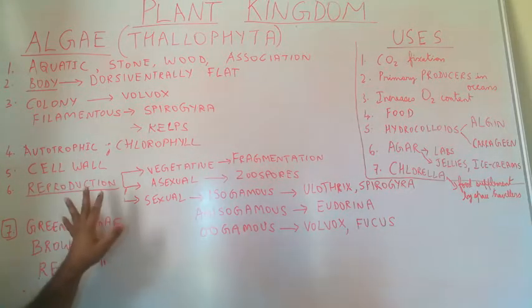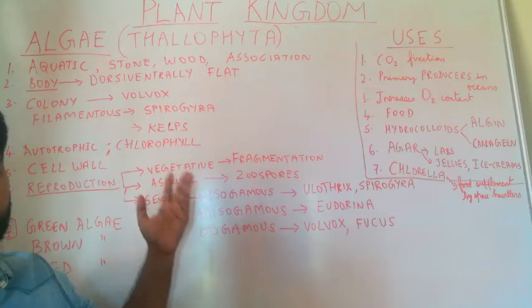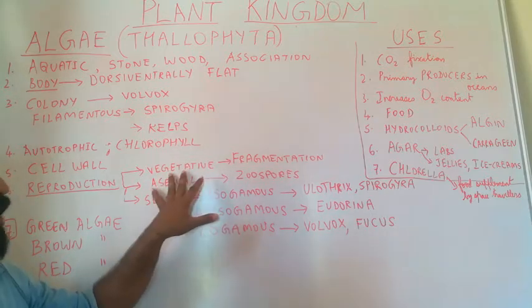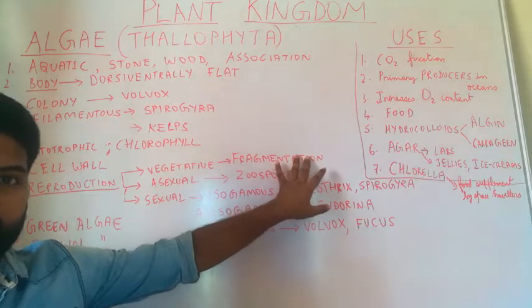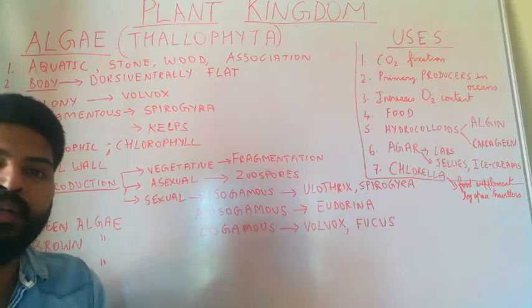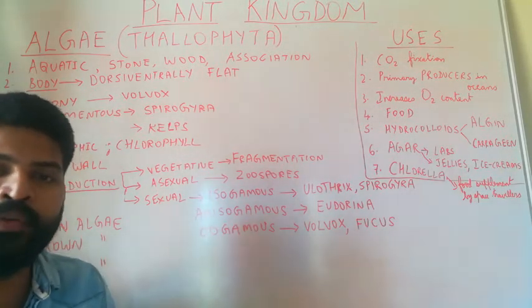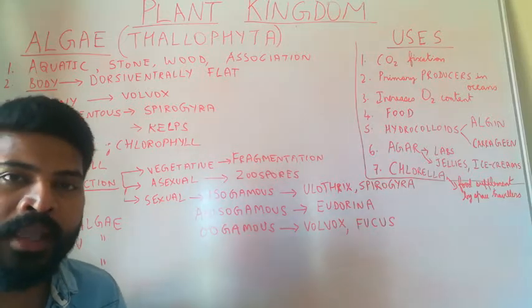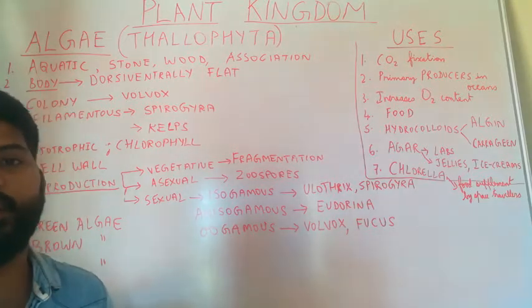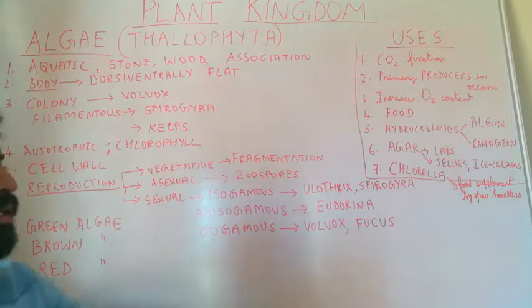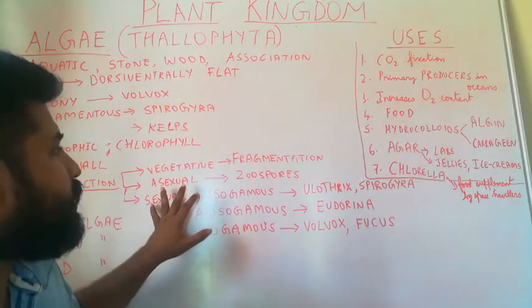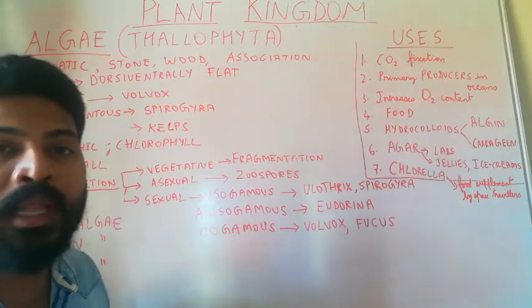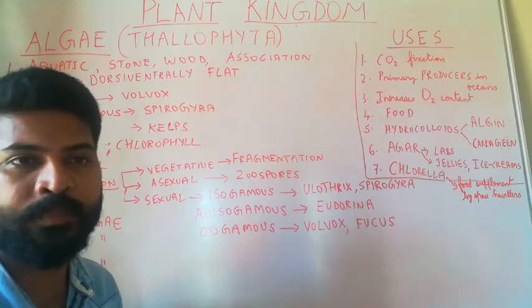And reproduction, as you know, in plants we have all three types of reproduction. Vegetative reproduction is mostly with the help of fragmentation. Once they become mature, they break into pieces or fragments. Each fragment can grow and form a new organism. Example, ulothrix, Spirogyra, etc. Asexual reproduction is predominantly with the help of spores.